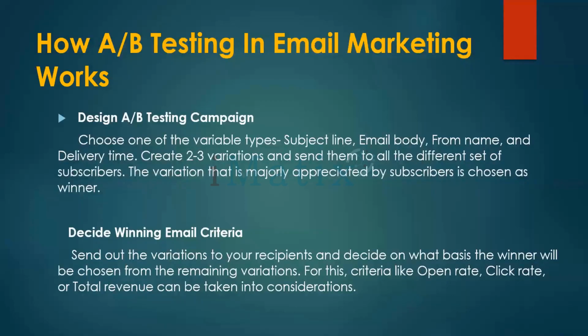In many cases you open it, think this is very good, then click the button and go to their site, and here conversion happens. This is the thing. And then our total revenue, how we can get the total revenue from the email.